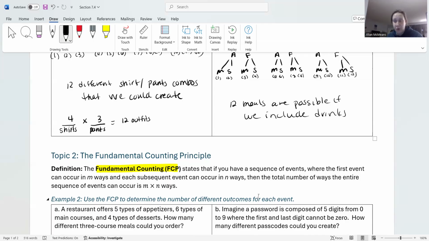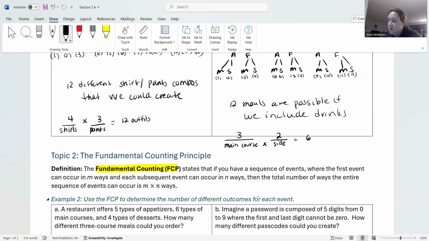With the Happy Meals, I'm going to write it here. We had the main course and then we had the side item initially. So we had 3 main courses. You could have gotten chicken nuggets, a hamburger, or a cheeseburger, and then we had 2 sides.